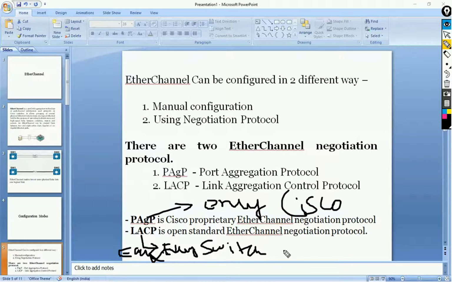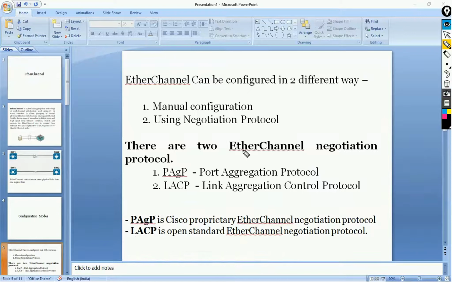It can be a Cisco switch, it can be a Juniper switch, anything. Open standard, any vendor. That's why LACP will be preferred over PAgP. So this was about the negotiation protocol.